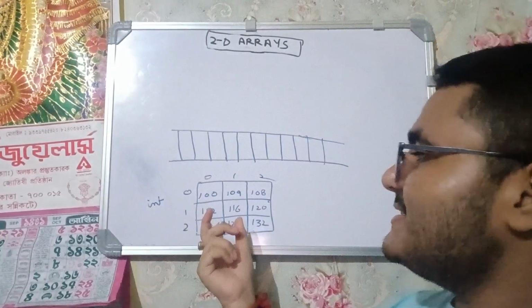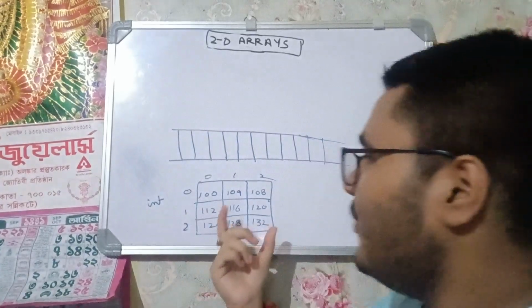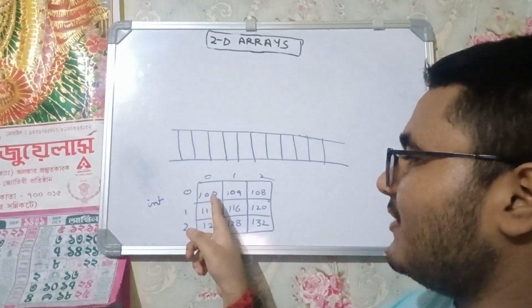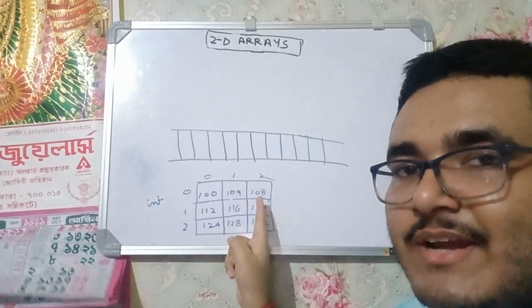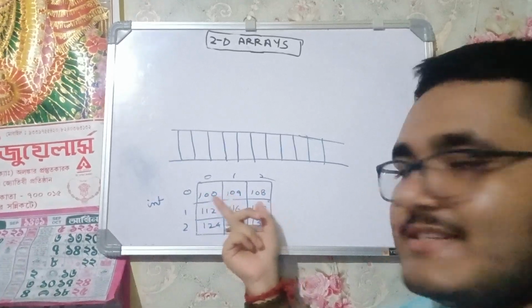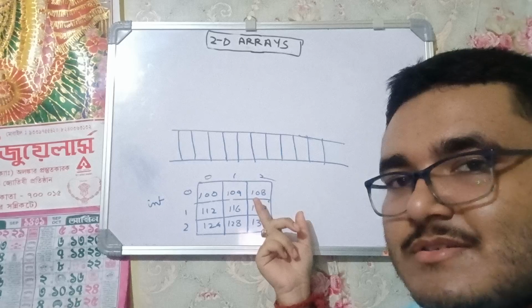So here you can say row wise, the values 100, then 104, then 108 are increasing in this direction, right?